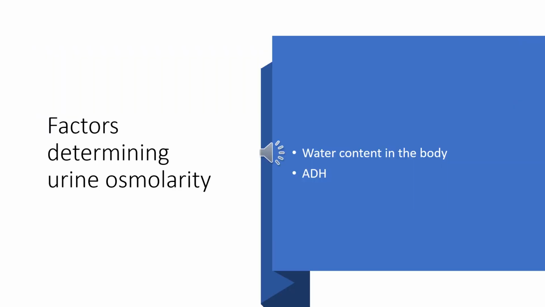The osmolarity of urine depends upon the water content in the body and antidiuretic hormone. See, the mechanism of urine formation is the same for both dilute urine and concentrated urine. But this dilution and concentration of urine depends upon the water content of the body.